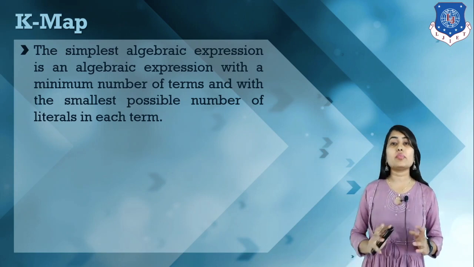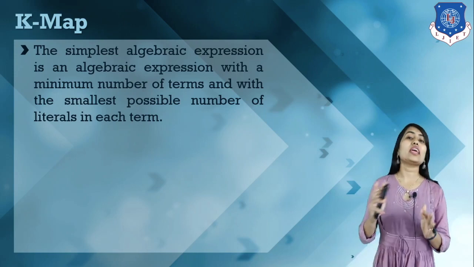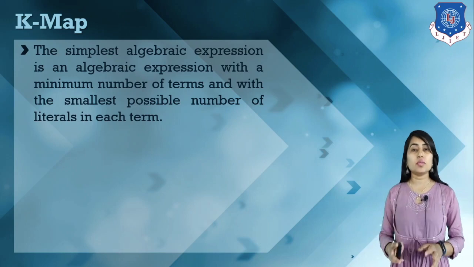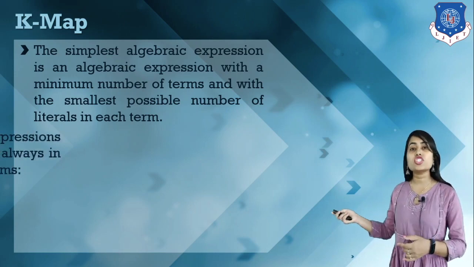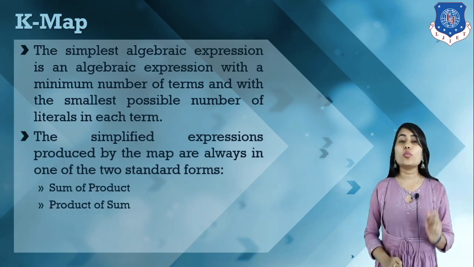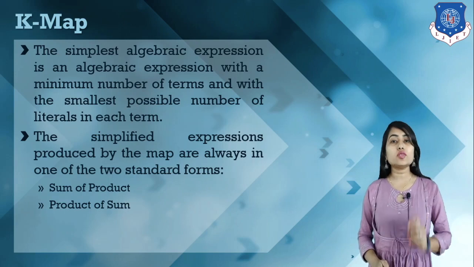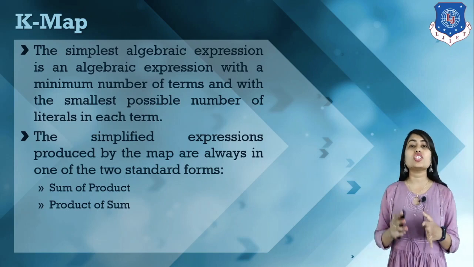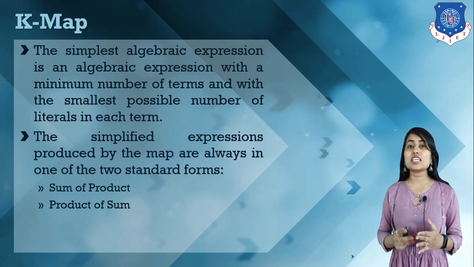By recognizing and combining each and every square, we simplify our logical functions, and then we write them either in SOP form, that is sum of product form, or in product of sum form. So how can we simplify our logical functions in SOP form or in POS form? Let's discuss one by one.